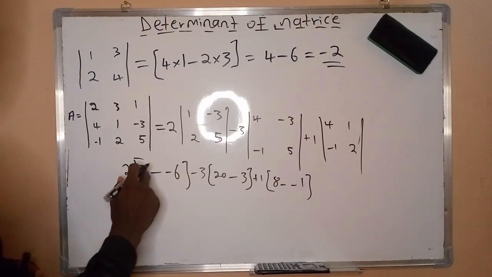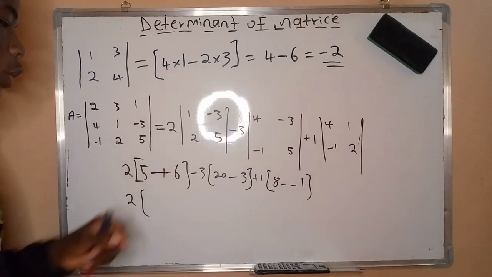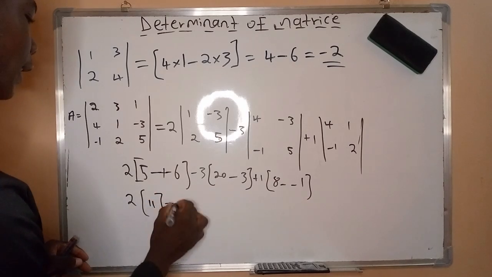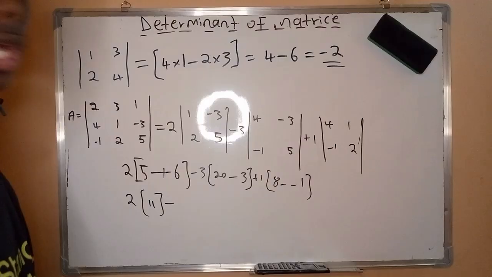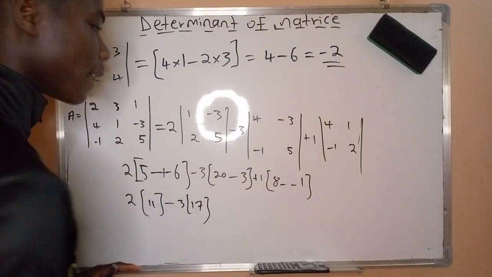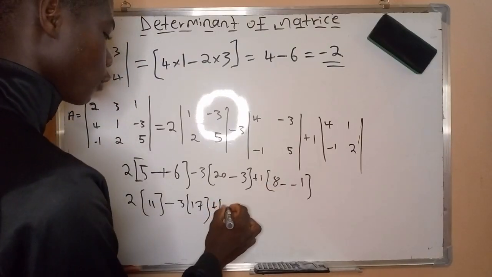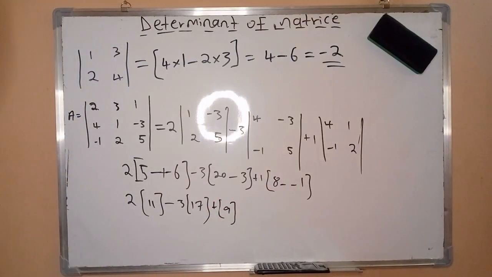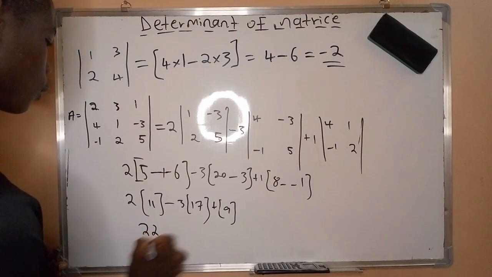So therefore, 2, 5 minus 5, this will become a positive sign. So I will have 11 bracket minus 20, 20 minus 3, I will end up having 17. So therefore, 3 multiplied by 17 plus 9. So therefore, I'm having 22.